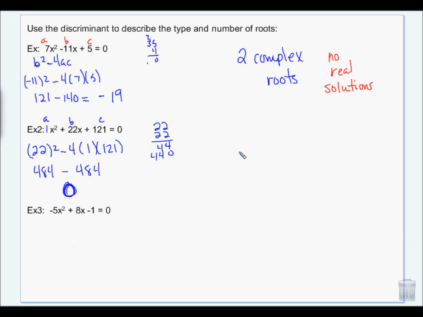If this equals 0, what I have is one real root, based off of the chart on the previous slide.